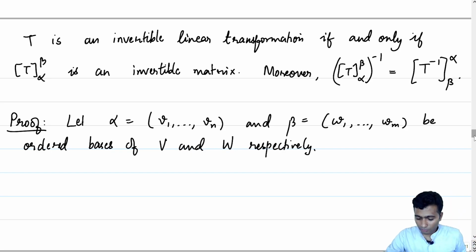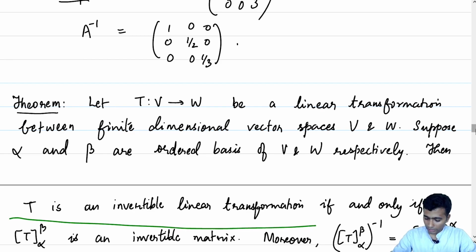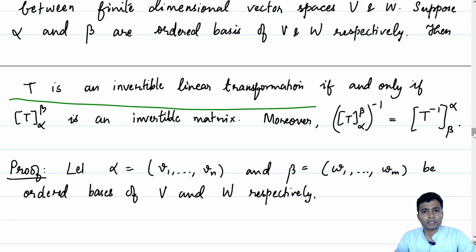Let us see what our goal is. Let us first assume that T is an invertible linear transformation, and let us prove that the matrix associated to T is an invertible matrix.